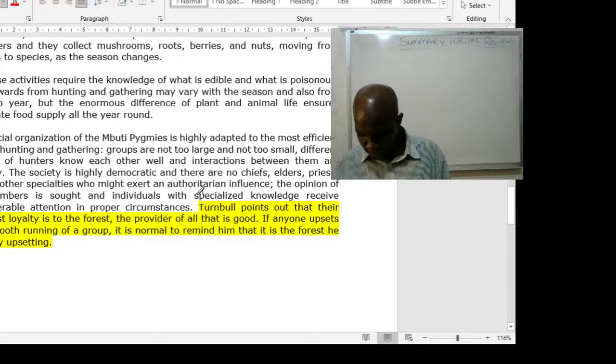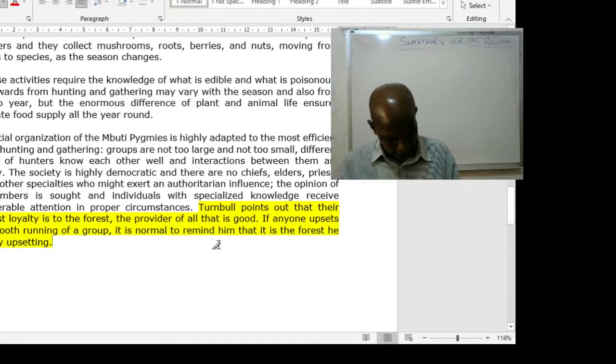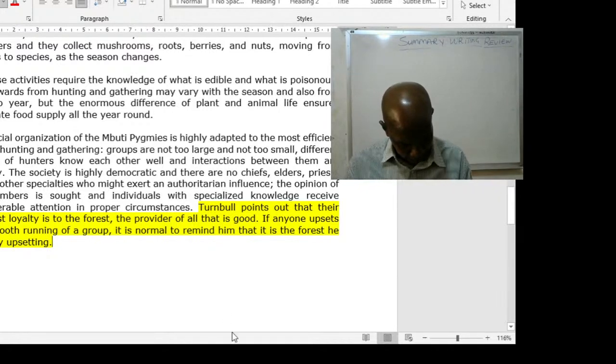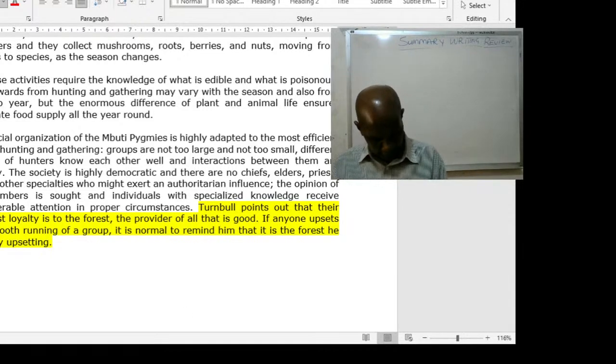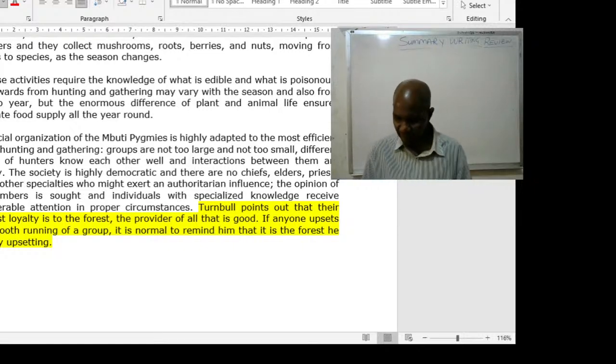I want to turn to a presentation. I tried to summarize those points in PowerPoint form. The first presentation is titled Why Turnbull Thinks the Mbuti Pygmies Value the Forest.